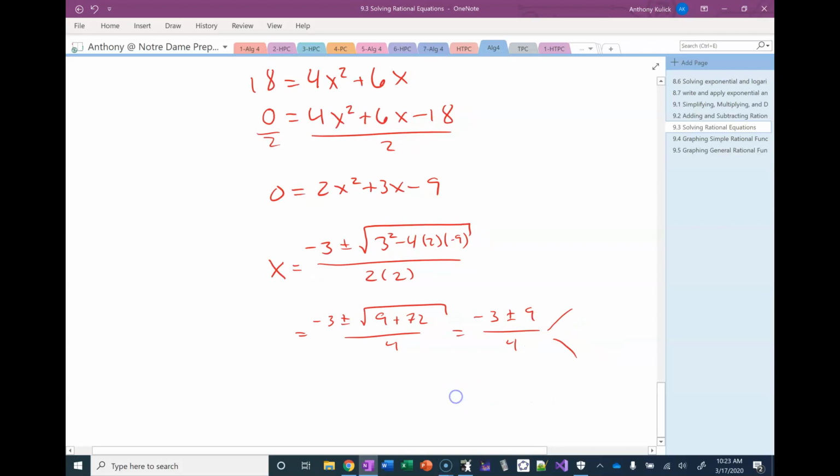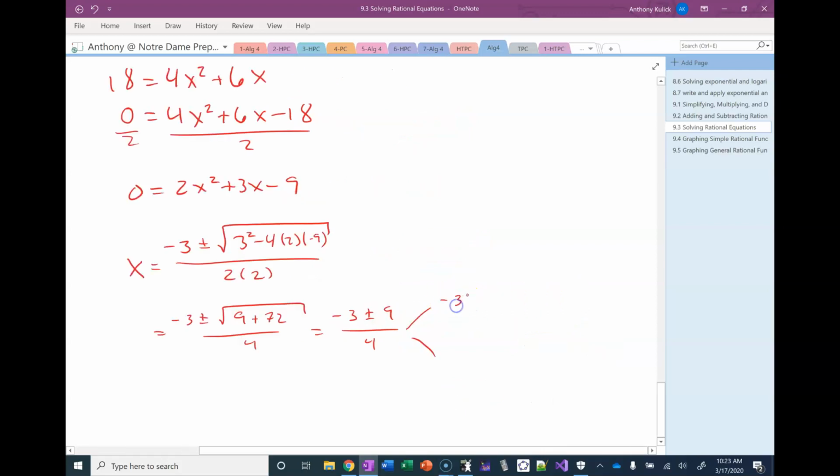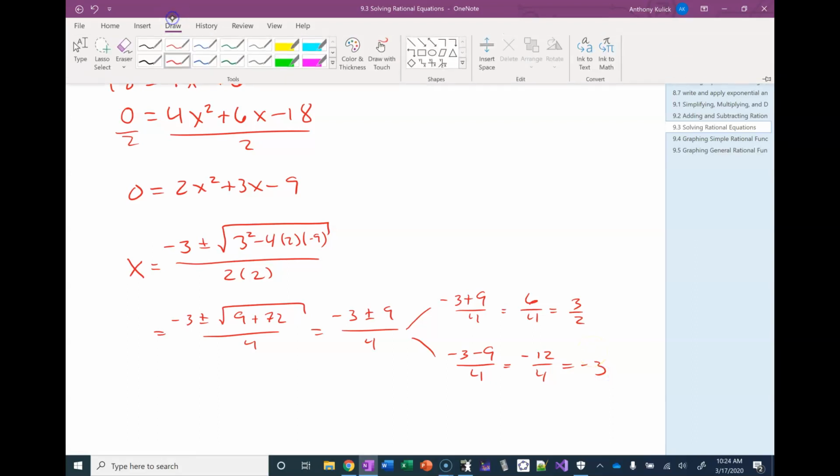So if I break that up, negative 3 plus 9 over 4 is 6/4, or 3 over 2. And negative 3 minus 9 is negative 12 over 4, or negative 3. So those are my two solutions, but I'm not done.